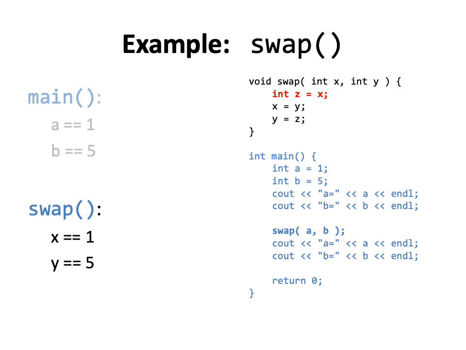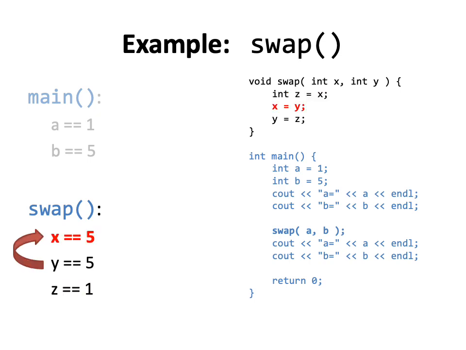So let's go on down in this swap method and go line by line and see what happens. In the first line of code, it's creating a temporary variable called z that's going to save the value of x, because on the next line it's going to get changed. So the value of z will be equal to x. So the value of x is going to get copied over into z.